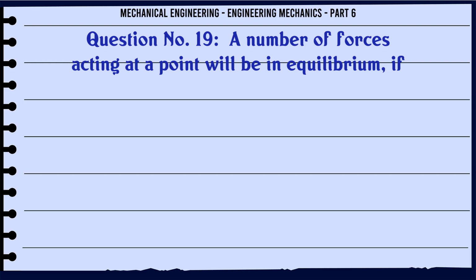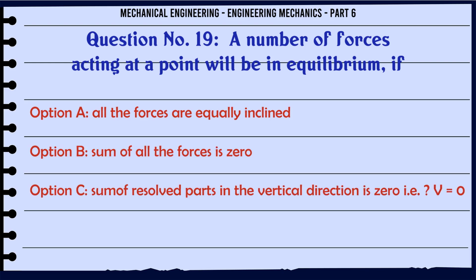A number of forces acting at a point will be in equilibrium if: A) all the forces are equally inclined, B) sum of all the forces is 0, C) sum of resolved parts in the vertical direction is 0, i.e. ΣV = 0, D) none of these.